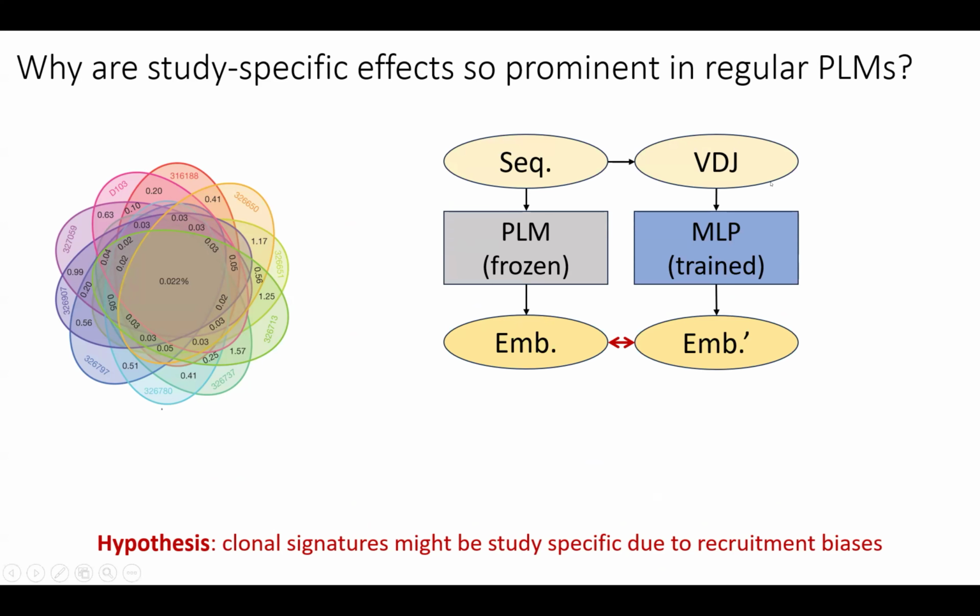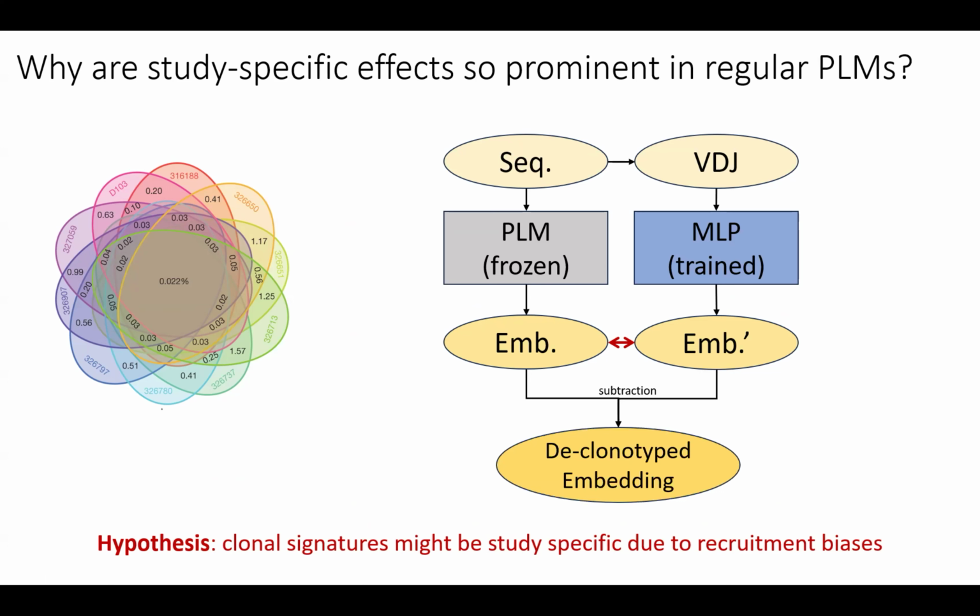I can take just that as the input and train a small neural network that tries to recover exactly this embedding. And the whole point is that you can actually do this with surprising accuracy. Then I can subtract this second one from the first. And presumably what I will have is something that has less of the clonal signatures in the representations.